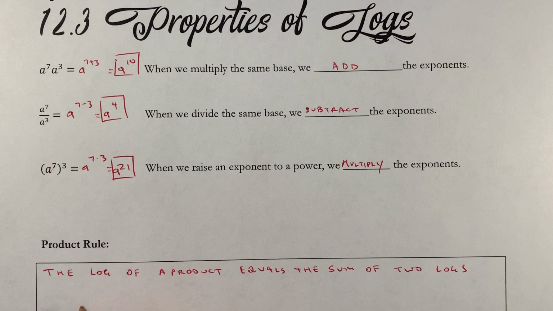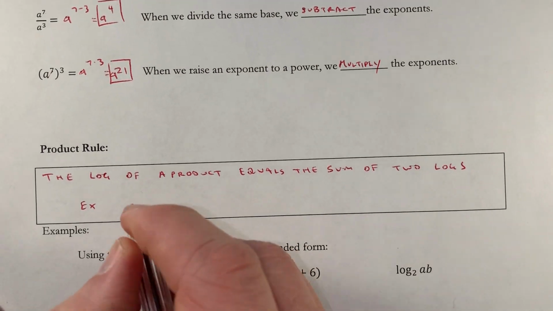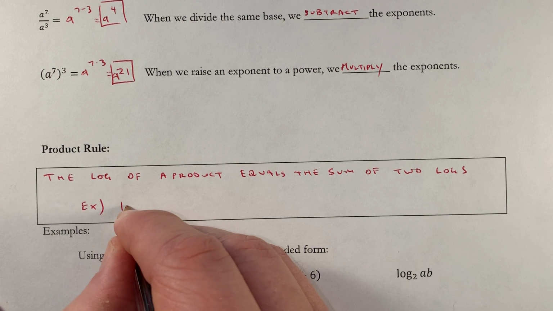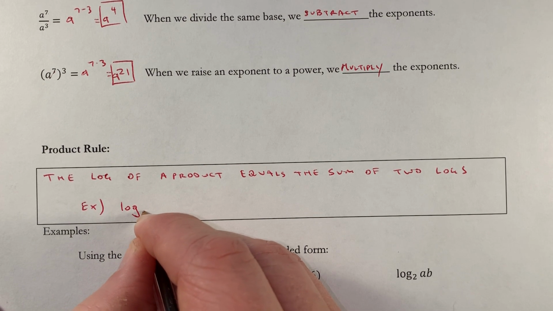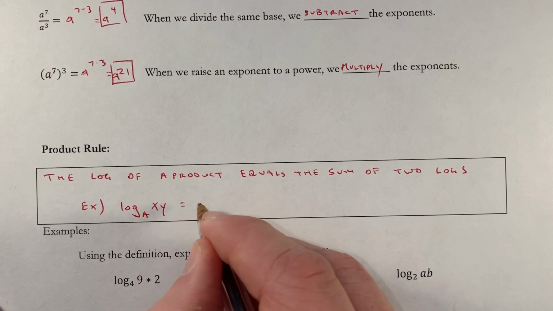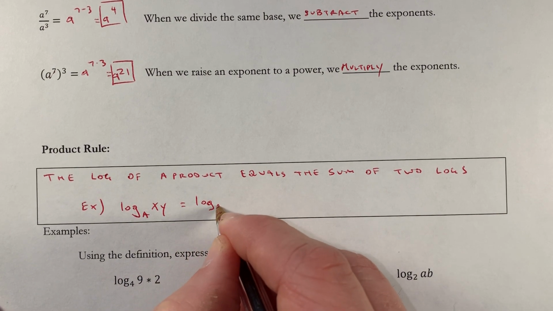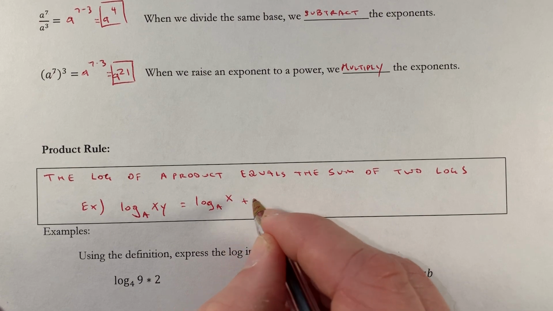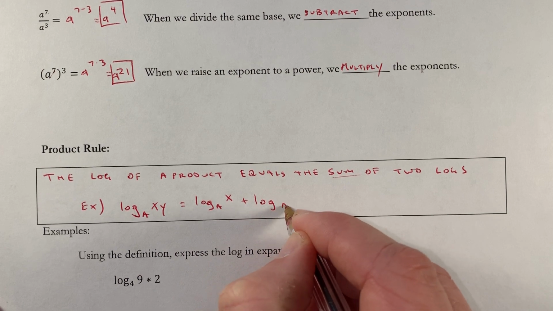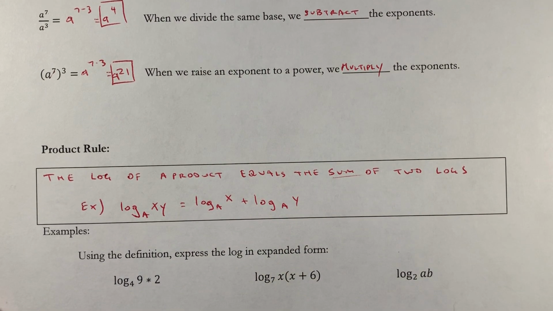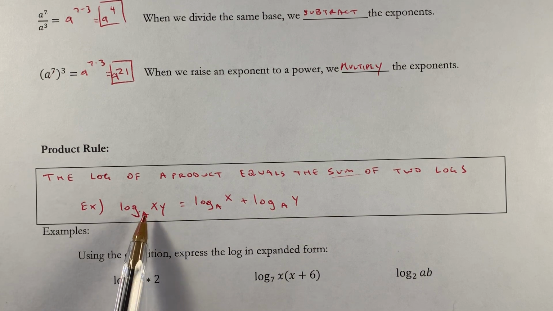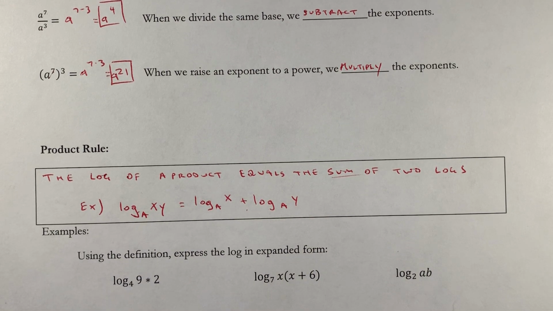So if you have, for example, something like log base a of x times y, that is the same as log base a of x plus, so that's the sum, log base a of y. Okay, and so you can go back and forth between these two forms. So you've got your condensed form and your expanded form.